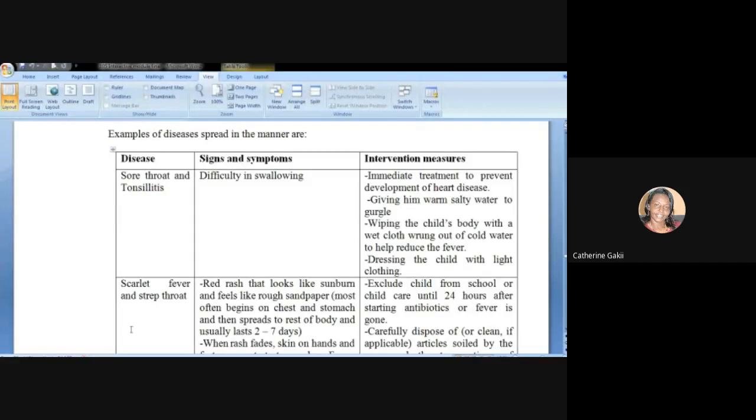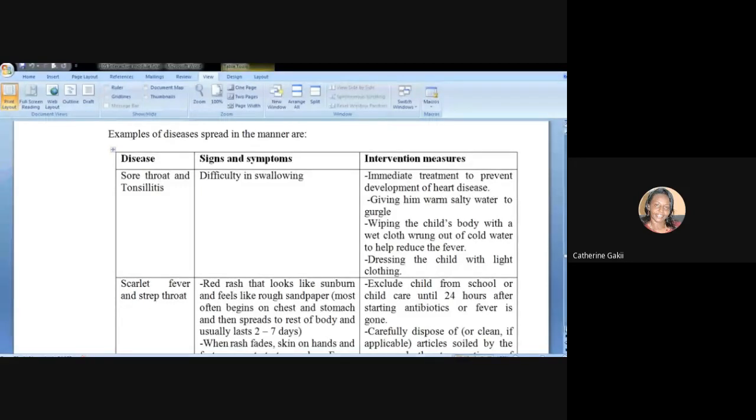And in case that is given, the one through the anus, it can mess the child's, what do we call it? The anal area. And you don't want fast relief, the same way it can cause other harm. Okay, so that one is sore throat and tonsillitis, symptoms and its intervention measures.